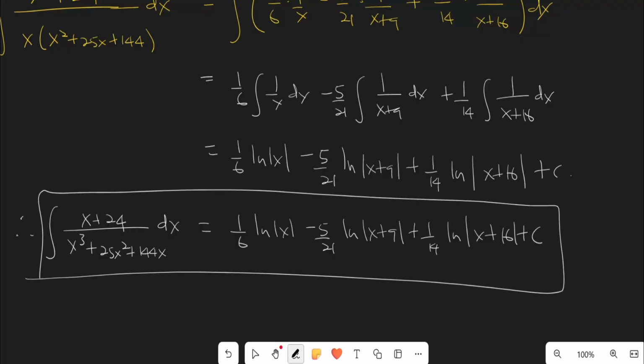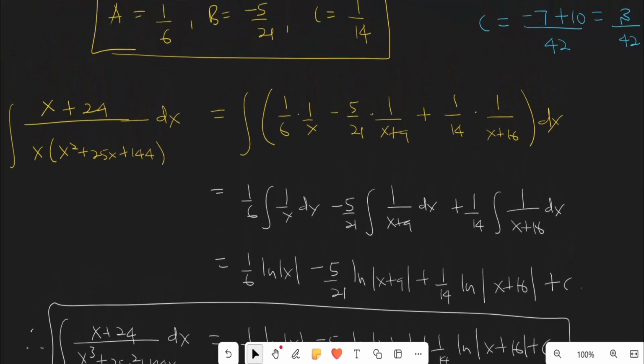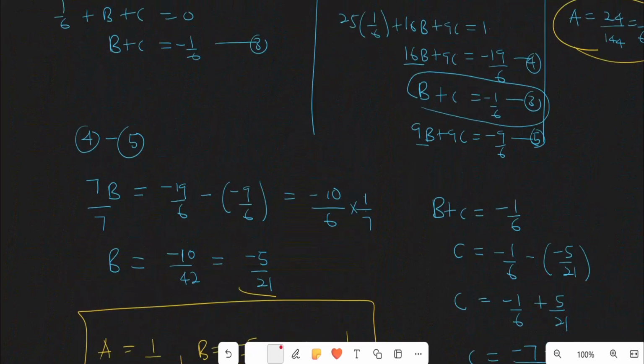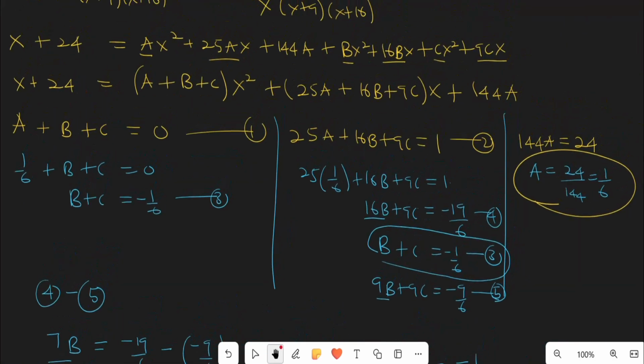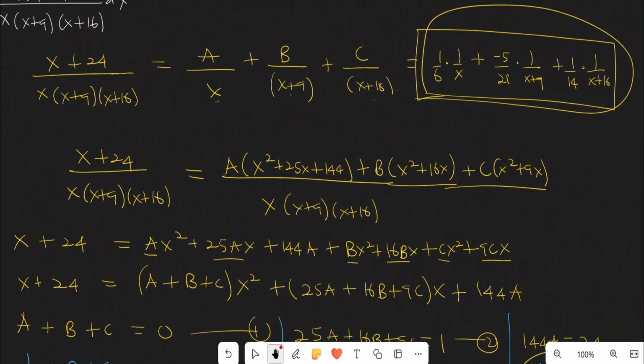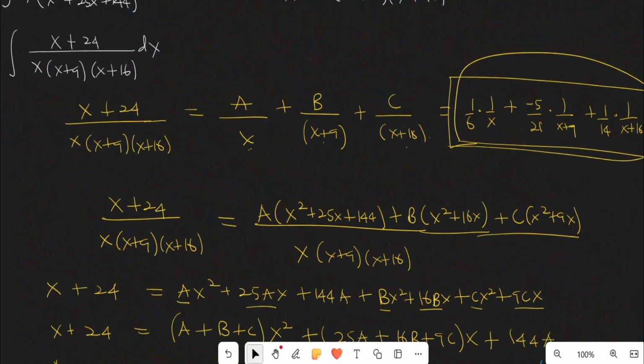This is the answer that MIT gave for this integral. So that is how we solve this integral. I think the heavy lifting here was just using the partial fractions and solving for the values of a, b, and c. Once you find the values of a, b, and c, the rest are trivial, and then we can just solve the integral in one line.